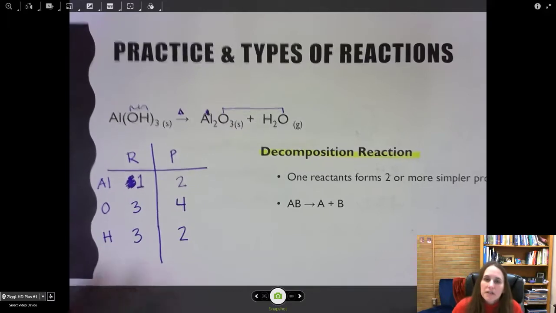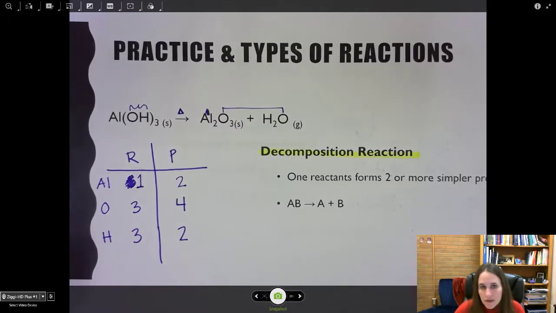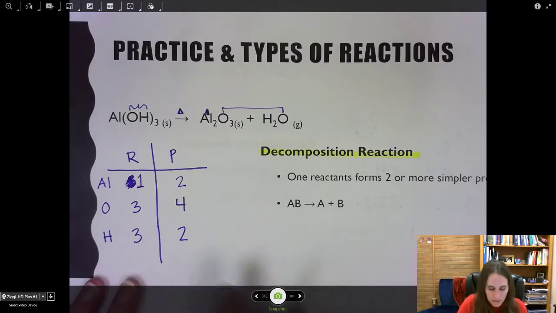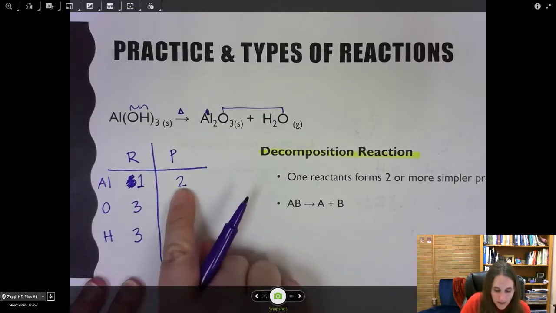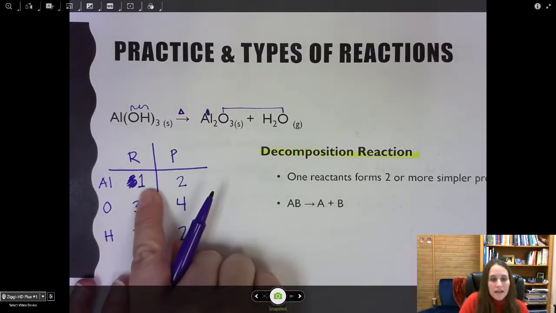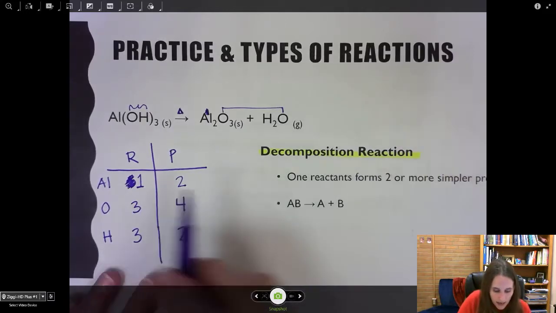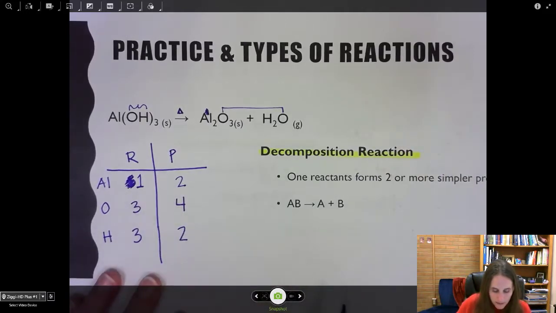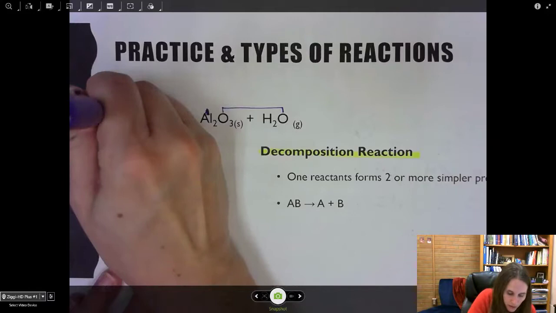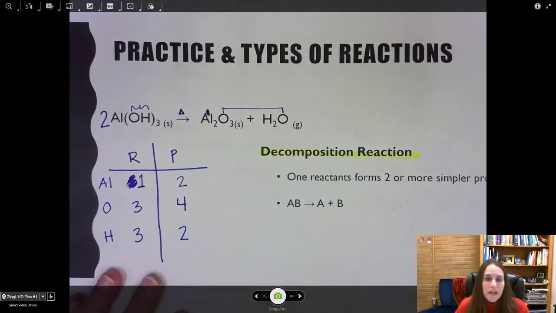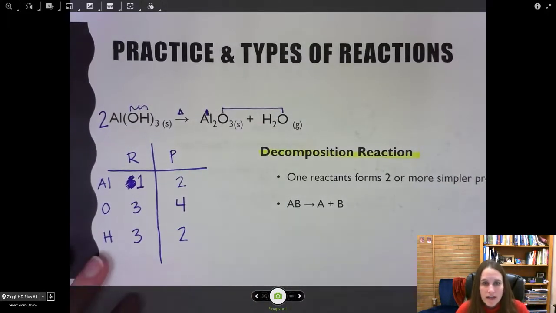Now, because hydrogen and oxygen can often cause me some grief, I do like to save them for later, because sometimes by balancing something else, they'll get balanced in the process. So I'm going to start with aluminum, plus aluminum kind of presents an easy way to get to 2. I have an imbalance in my reactants and products. So I'm going to put a 2 over here in front of my aluminum hydroxide substance.